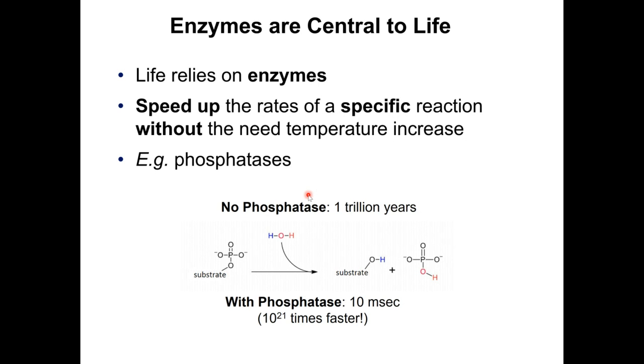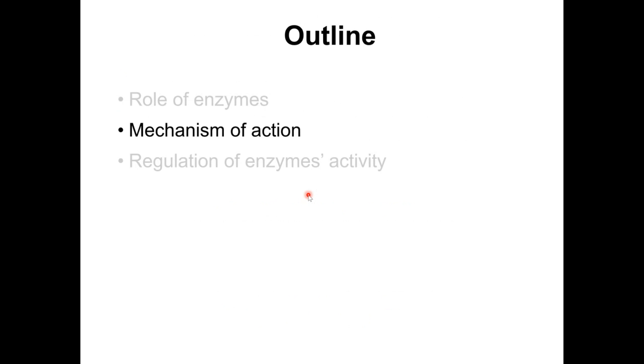Plus, when you add the phosphatase instead, this happens so much faster, in 10 milliseconds. So we're talking about 10 to the 21st times faster than the reaction itself. So you can see how much enzymes can really help with these reactions, how much they can speed them up.